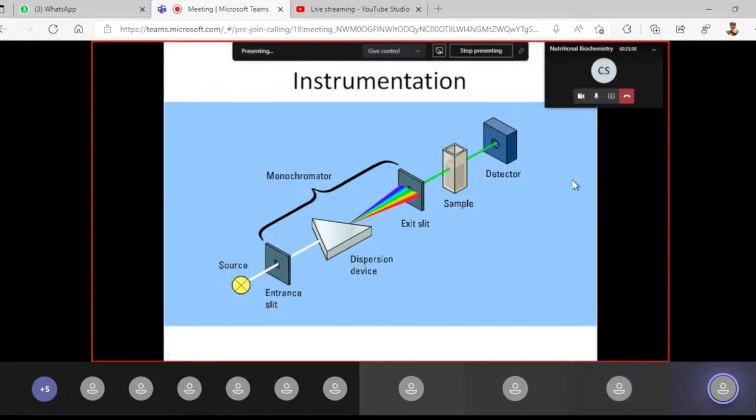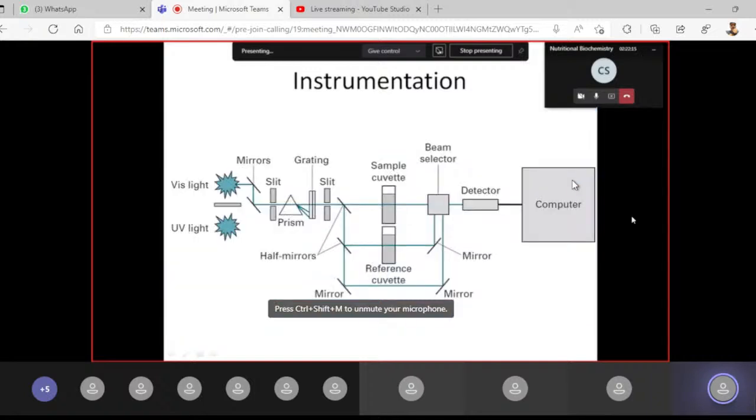In case of spectrophotometer, prism and grating are used. For visible range, glass cuvette. For UV range, quartz cuvette has to be used, and you have a detector. So this is how the instrument works. You place the sample, it will check the absorbed light, and the detector will display the absorbance, how much of light is absorbed.